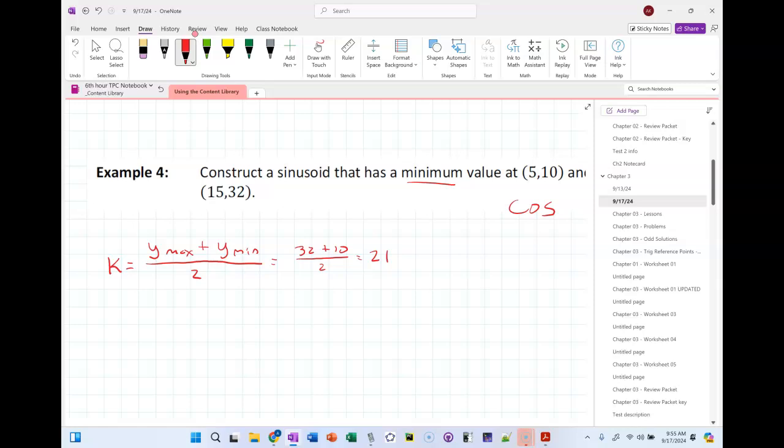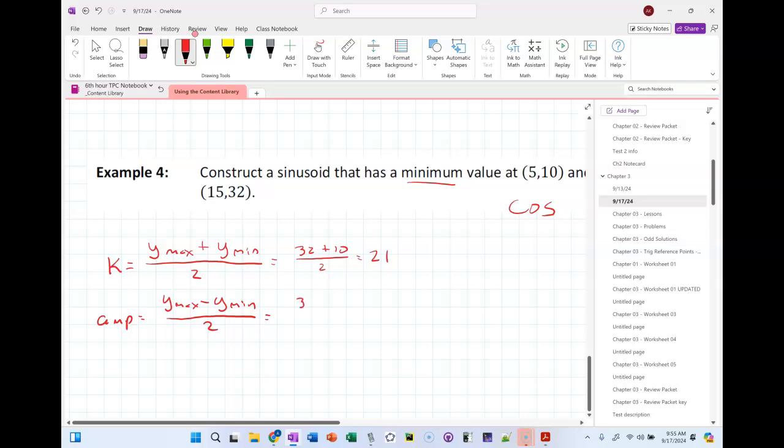So far, so good. My amplitude is going to be half the distance. So that's going to be subtraction. So the amplitude is 11, so the A is plus or minus 11. So far, so good.